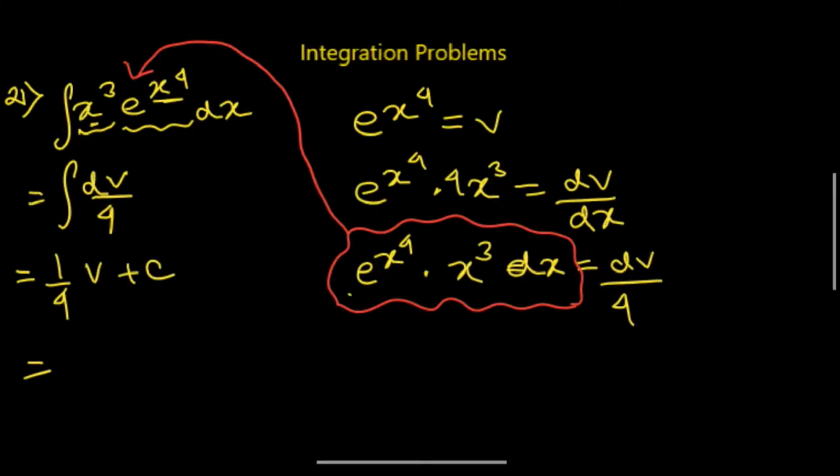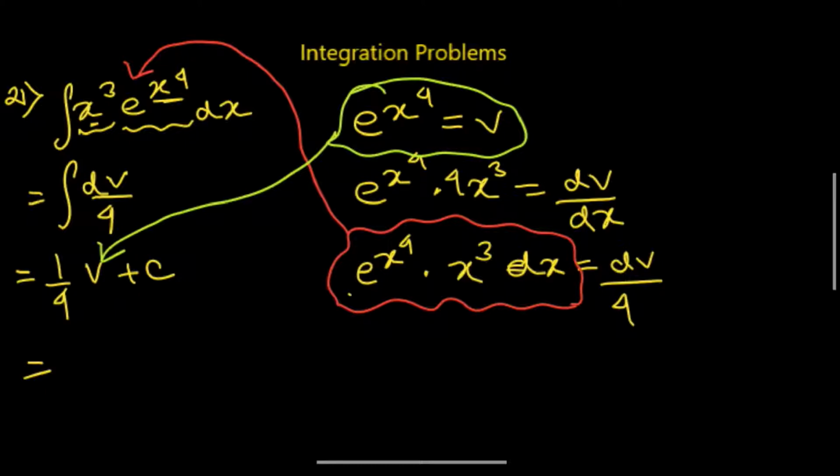So on substituting this value of v here, what we get is 1 by 4 e to the power x to the power 4 plus c. So this is the answer.